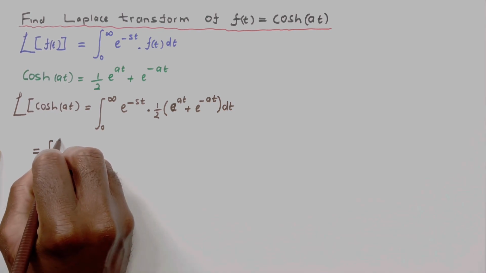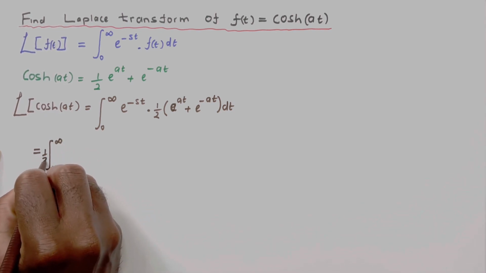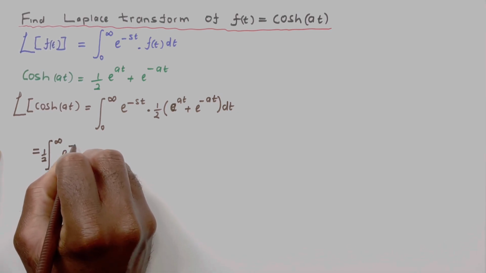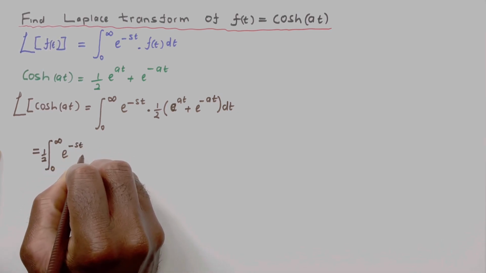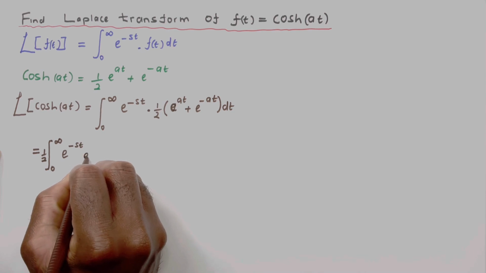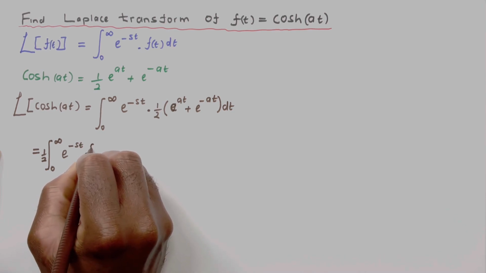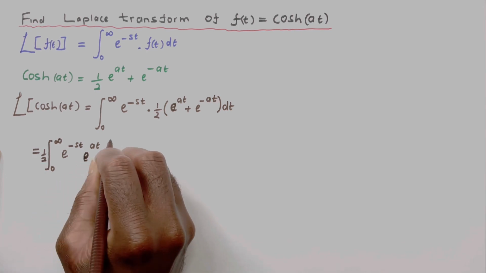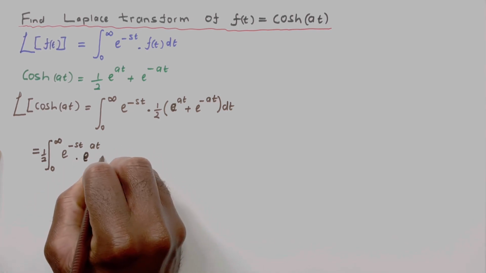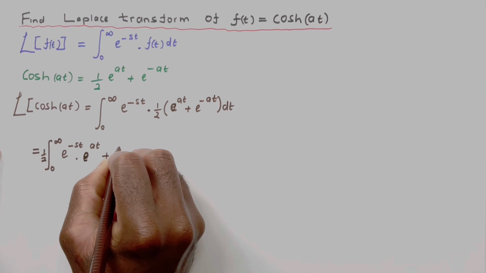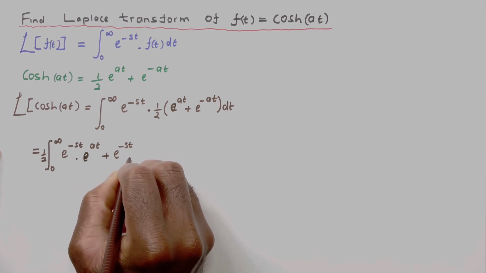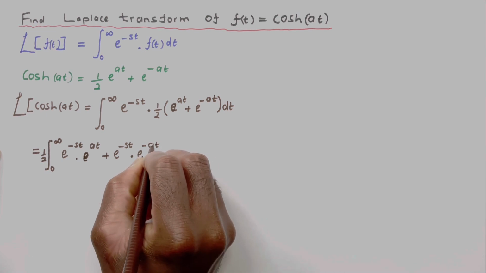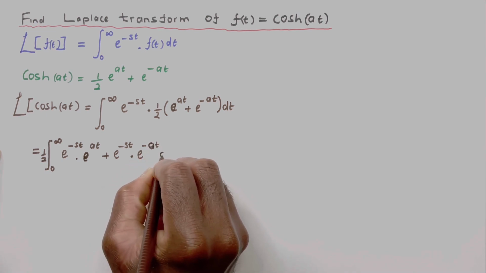So expanding the bracket, it will be equal to a half integral from 0 to infinity of e to the power minus st times e to the power at, plus e to the power minus st times e to the power minus at, dt.